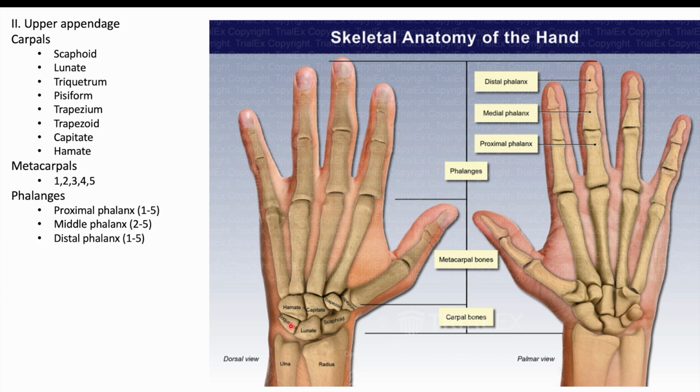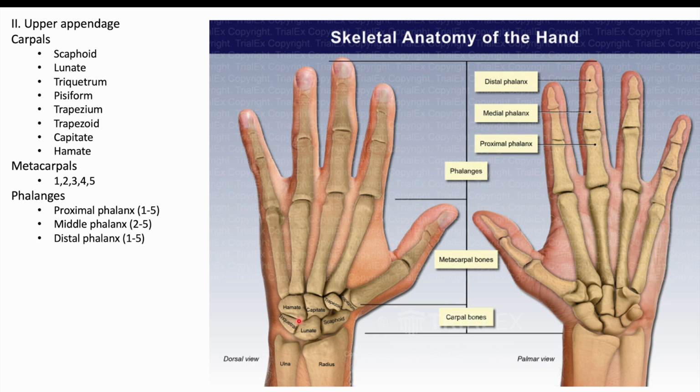The triquetrum right here, the etymology for this bone means three corner. The triquetrum is also a bone that is commonly injured as well, if you land and use your wrist to stop your fall.